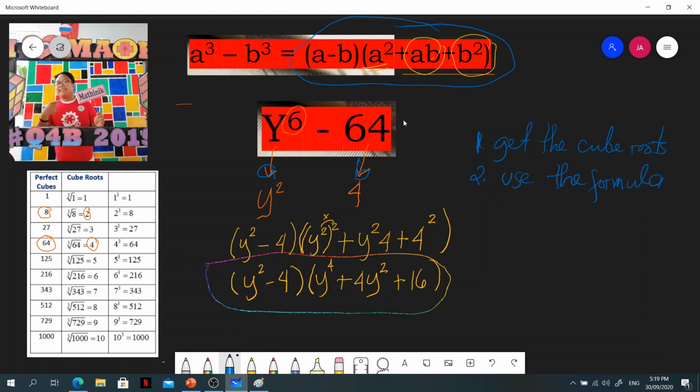Ano yung formula? Ito yon. Okay? And then, the last one is simplify. Okay, so 3 steps lamang, di ba? Get the cube root, use the formula, and then simplify.